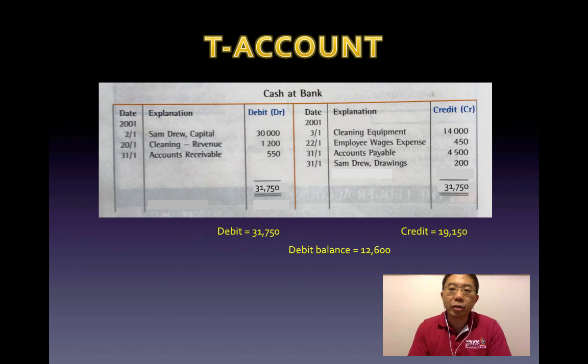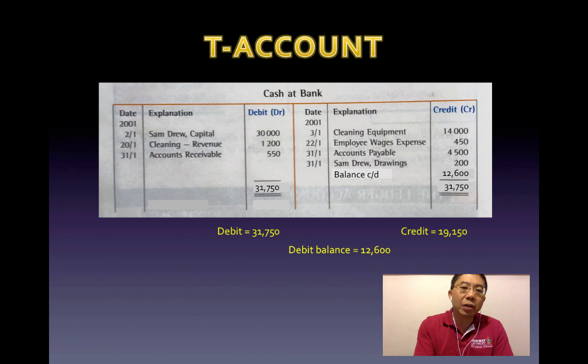So on the credit side, there should also be 31,750. So what that means is that the debit side has an excess of 12,600. So we show that there is a debit balance by filling up the difference on the credit side, before the total, with 12,600, and we call that balance carried down.